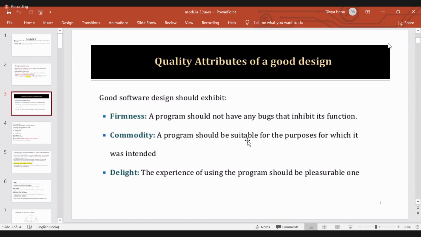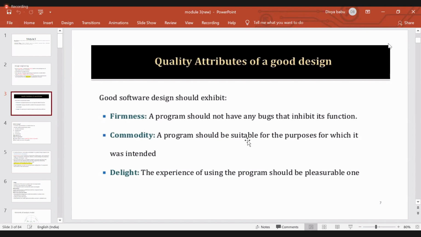That is the purpose of that software, so it should fulfill that purpose. Then only we can call it a commodity. Then delight means when you use this software, you feel this pleasurable thing. It means its ease of use is there. Then only you can feel this pleasurable. So the experience of using a program should be pleasurable.